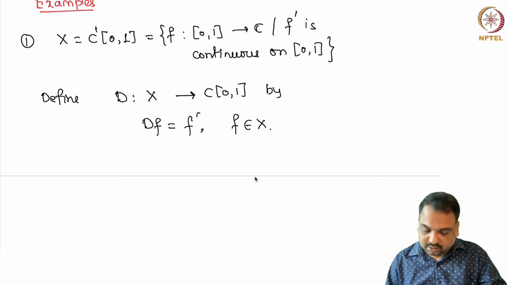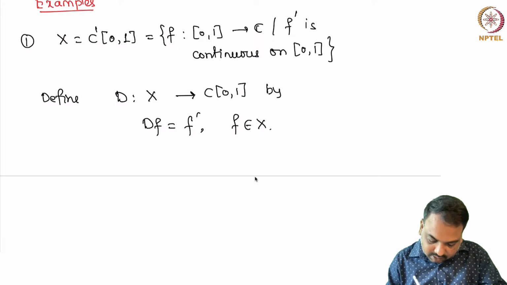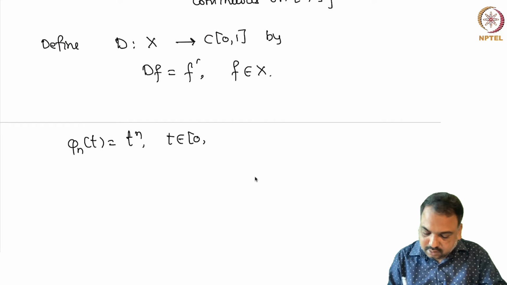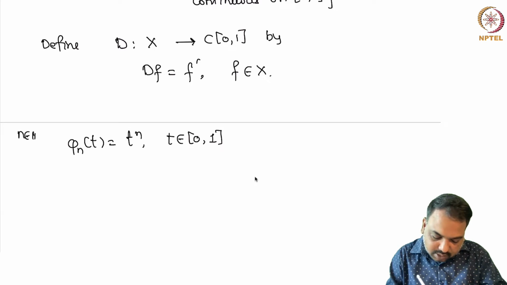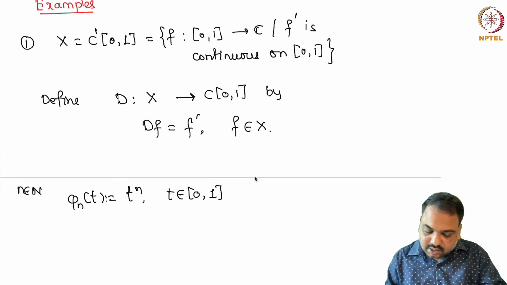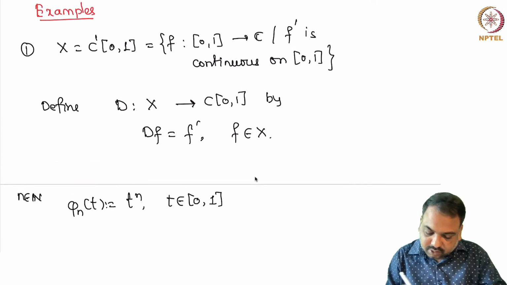Okay, so we can check that. Let us take phi_n of t as t to the power n, where n is in N. So here we always take the sup norm.